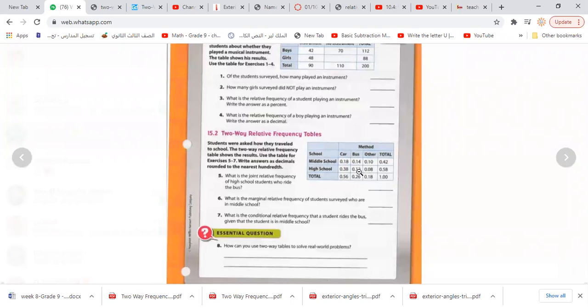Second, what is the marginal relative frequency of students surveyed who are in middle school?